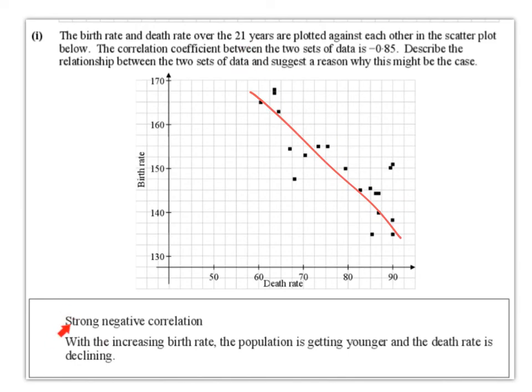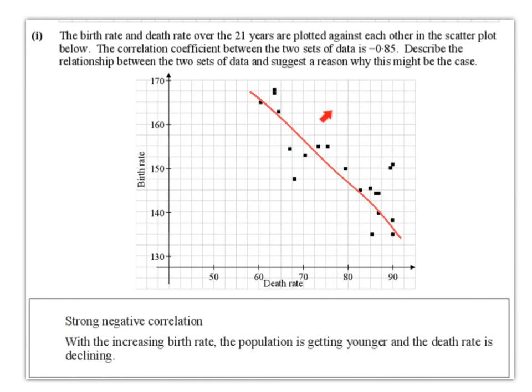So the correlation is strong, first of all. If this number was closer to, let's say, minus 0.5, we would say it's moderate correlation, and these dots would be further apart. And if this number was very close to minus 0.1 or minus 0.2, we would say there's weak correlation.